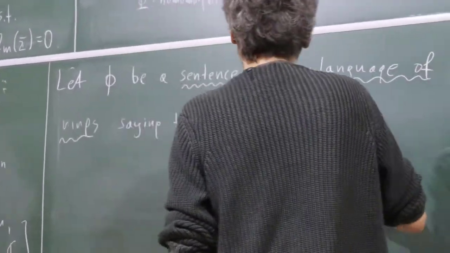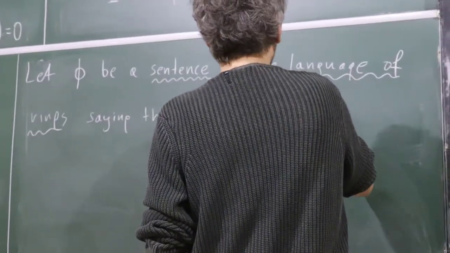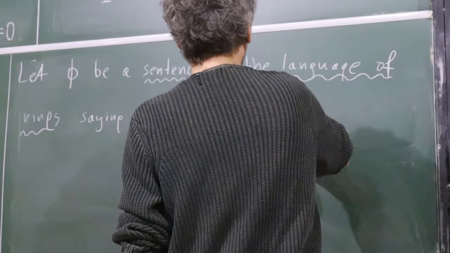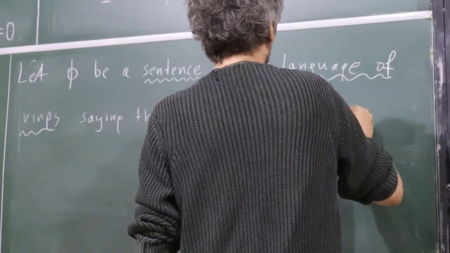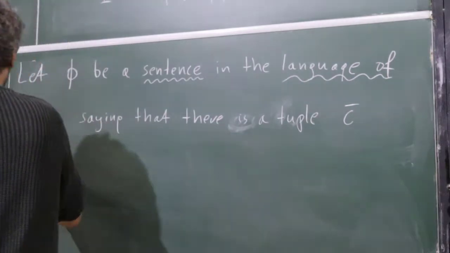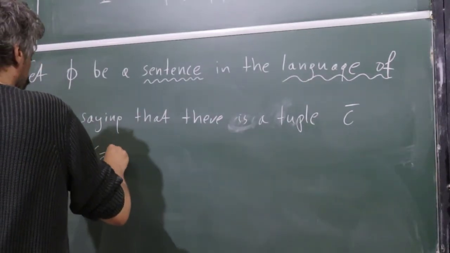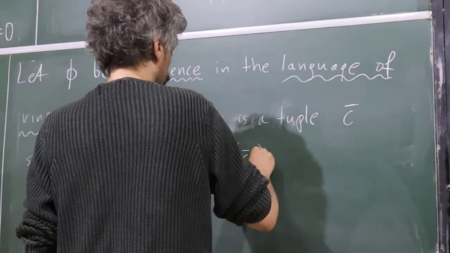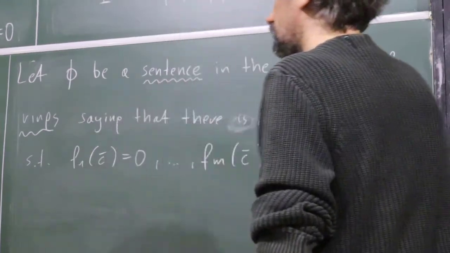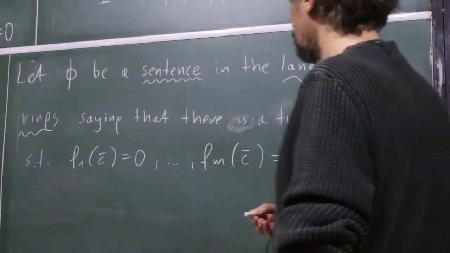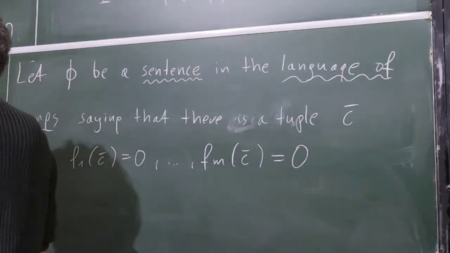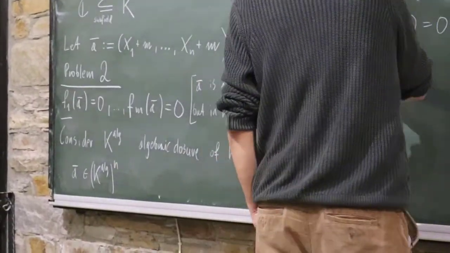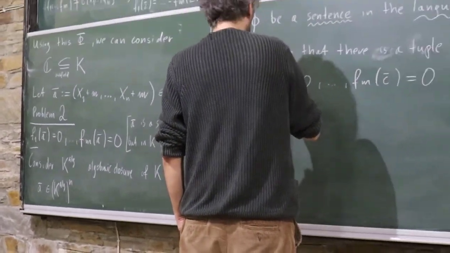So there is a tuple such that the system holds. Here we have such a tuple, this A bar, so phi is true in K arch.